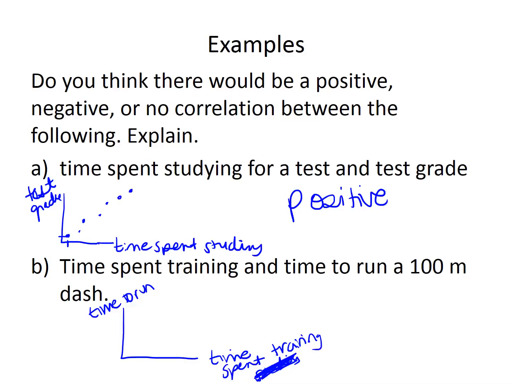But here, time spent training and time to run a 100-meter dash, we expect that the more time we spend training, the time to run the 100-meter dash should go down, right? So we expect a low time to run if we spend a lot of time training. But if we don't spend much time training, we expect a longer time to run, right? It will take us longer. So this one would actually have a negative correlation.